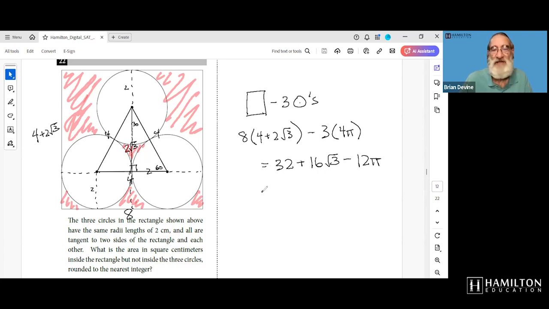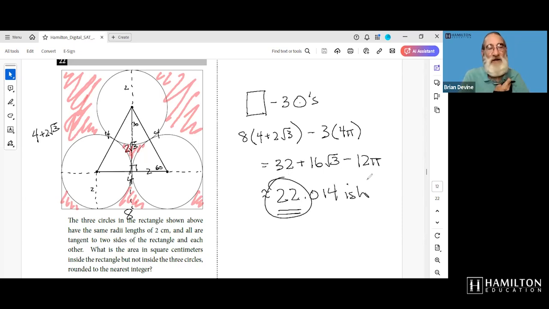And I put that in a calculator, and I get 22.014, and a bunch of other numbers because of the pi thing and the rad 3 thing. And so I was asked for the nearest integer, so 22 square centimeters.